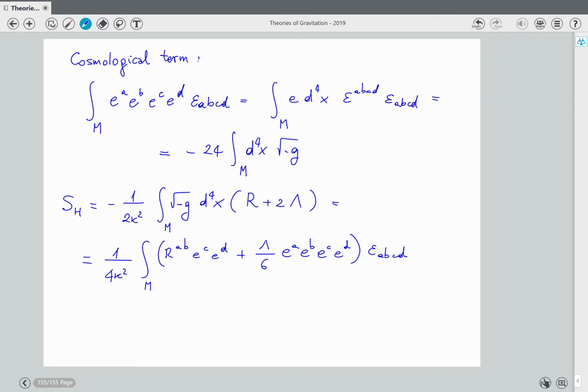Well, we could have collected these two actually, moved them outside, compactified the action a little bit more.